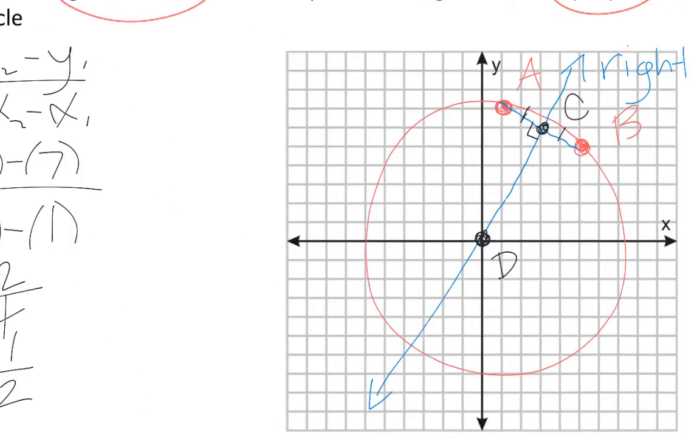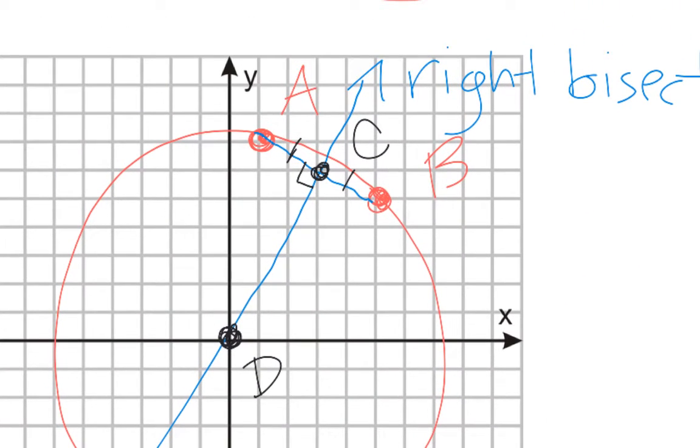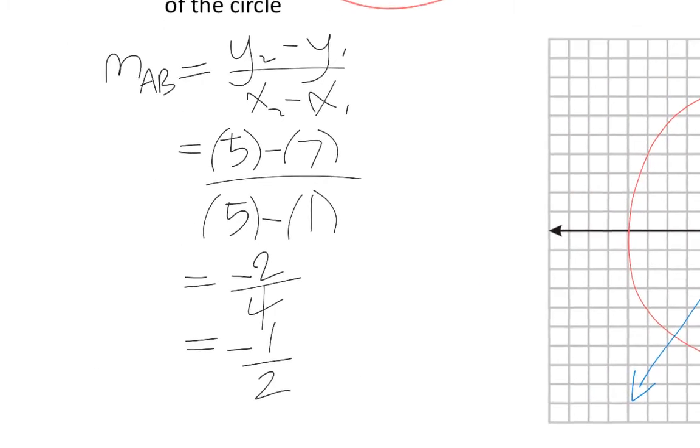Since chord AB is perpendicular to the right bisector, that means their slopes are negative reciprocals. So let's write that down over here.